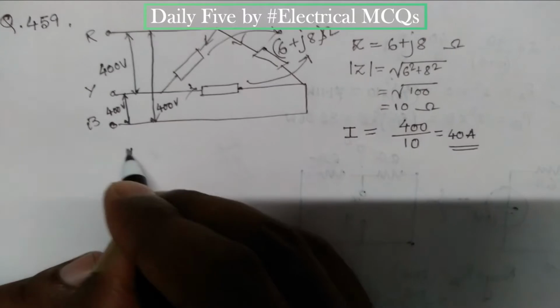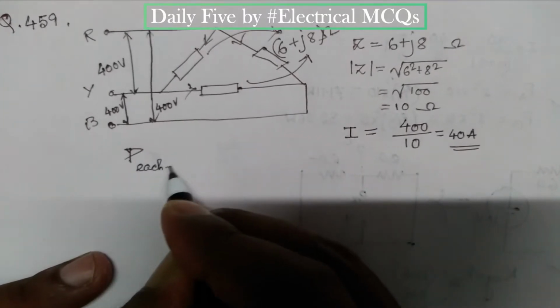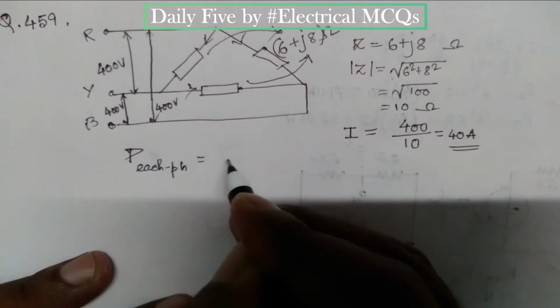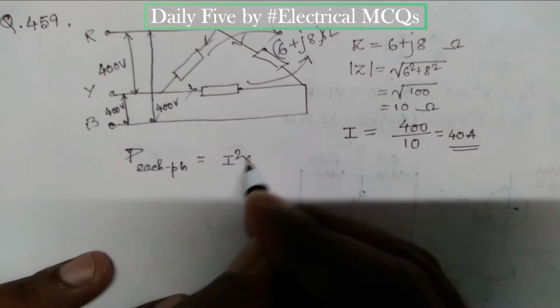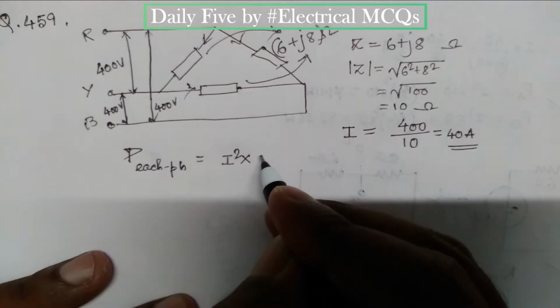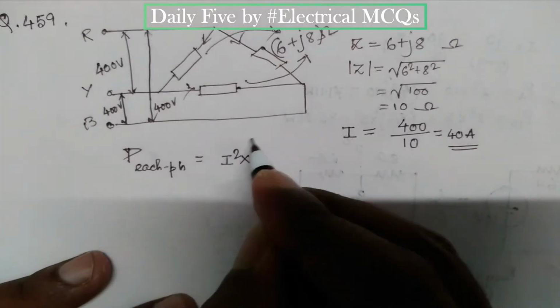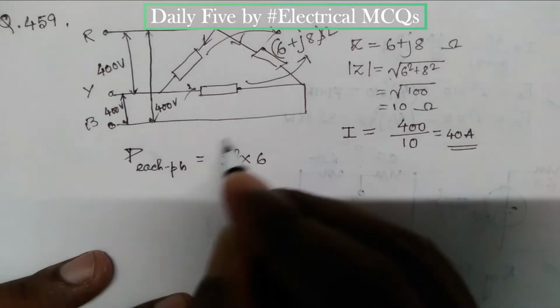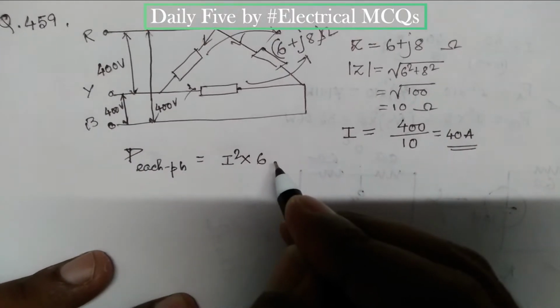Now power in each phase will be nothing but I square into the resistive component, and each of the phases has a resistance of 6 ohm, because the power consumed in the resistive part is basically the active power, and that is what we have to calculate.